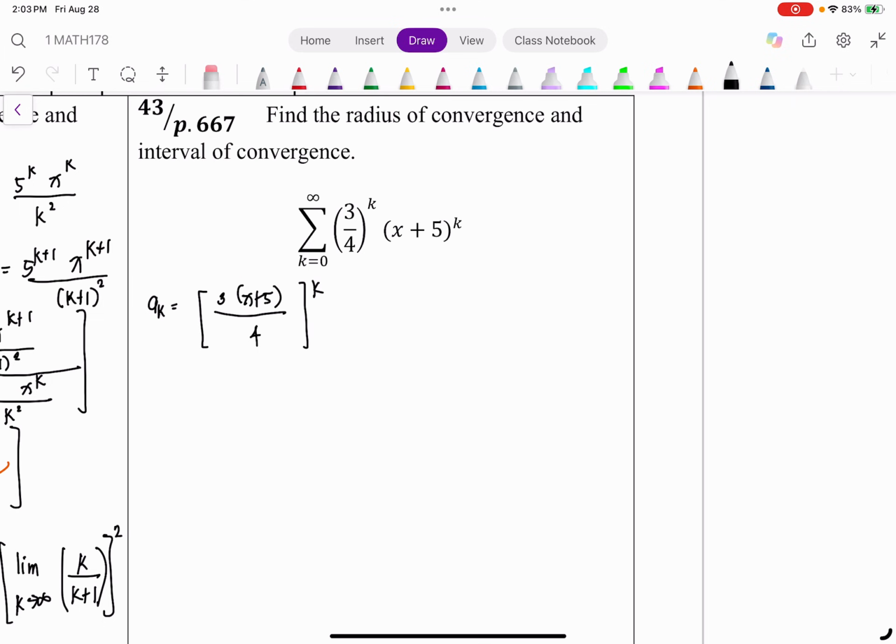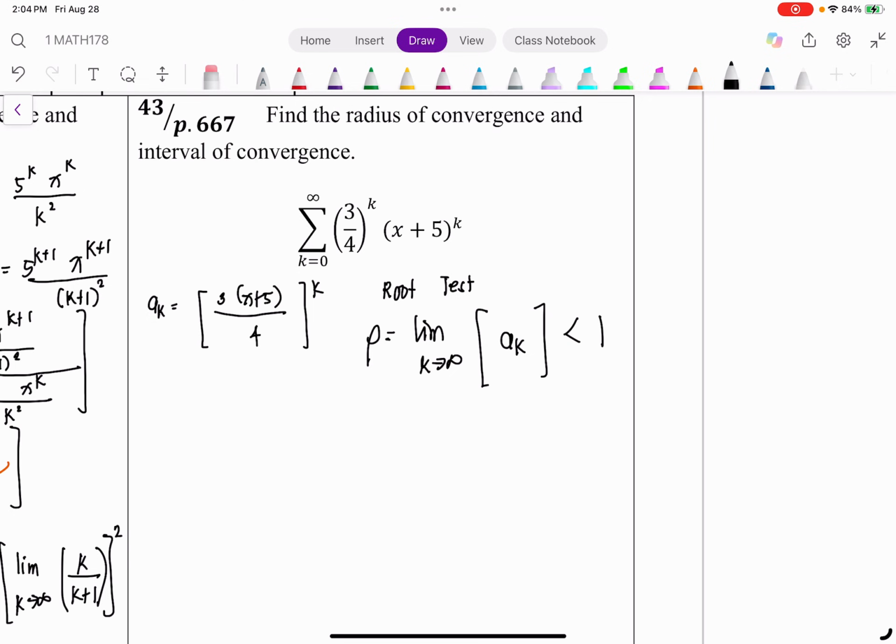So 3 times x plus 5 all over 4. So I think it is best to use root test for this. For the root test, your rho is the limit as k approaches infinity of a sub k, and it should be less than 1.